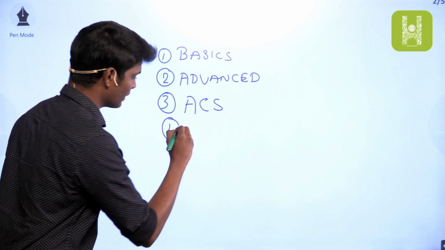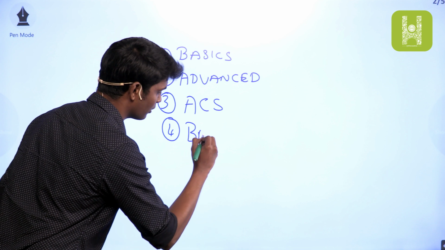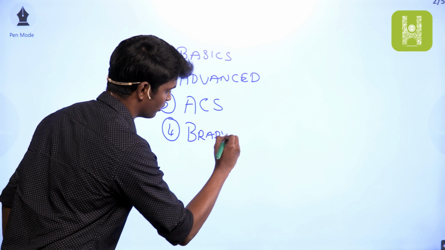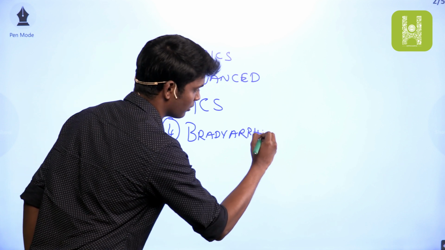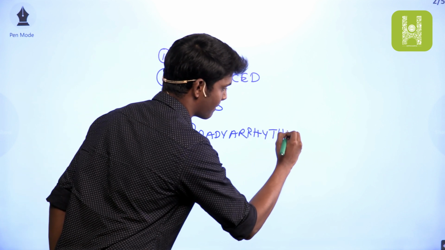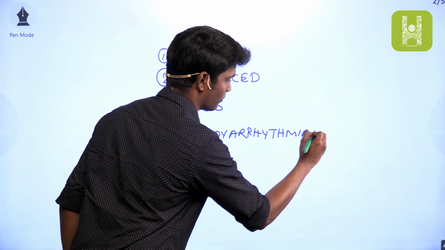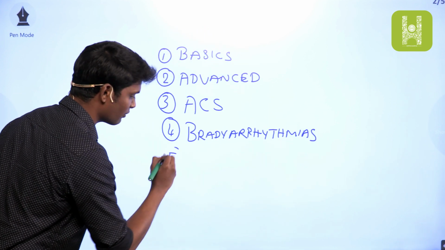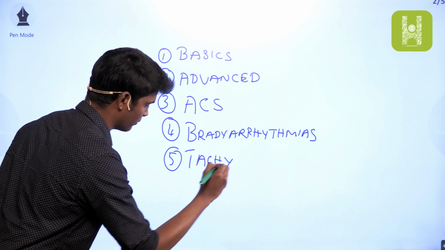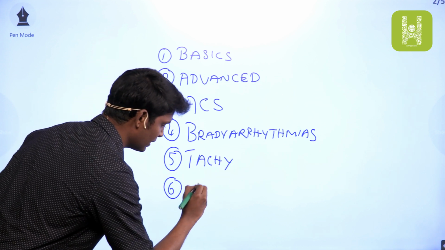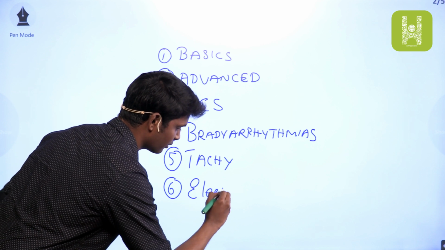The fourth one will be bradyarrhythmias. And the fifth one will be tachyarrhythmias. And the sixth one will be electrolytes.